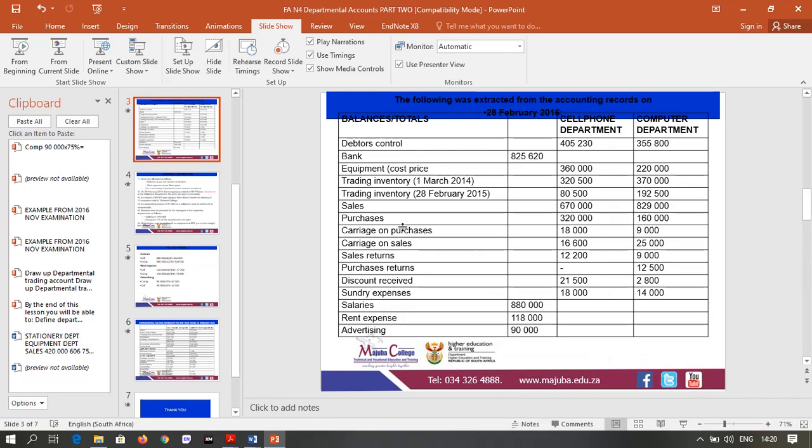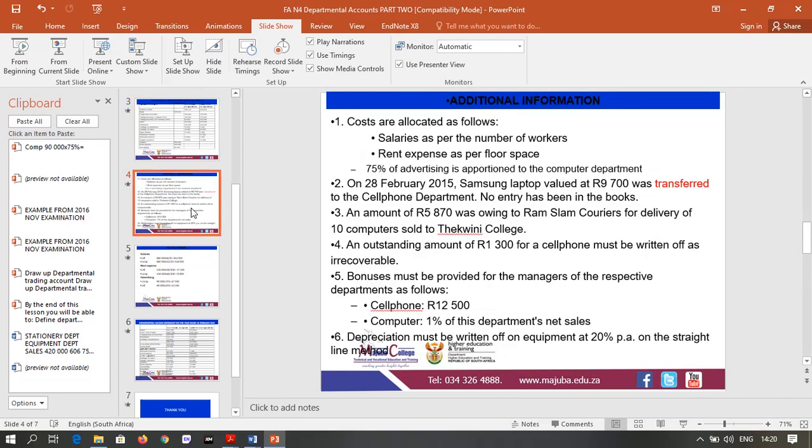Once we are done with the given information, you go to the additional information to check whether you have exhausted all your transactions. Number one, we already did. Number two, the transfer, we did it. Number three is for carriage on sales, we did it. Number four talks about bad debts, amounts that need to be written off.